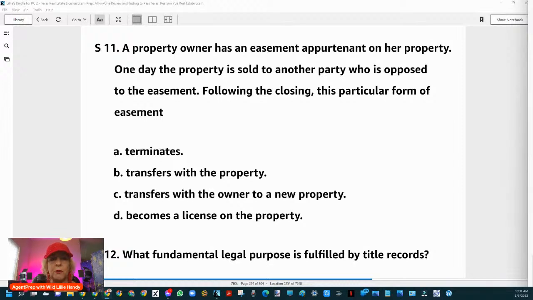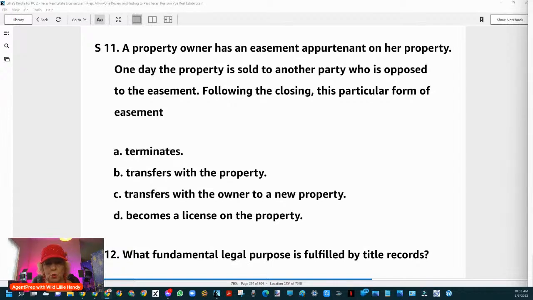So it says the property owner has an easement appurtenant. So what is appurtenant? We know what an easement is, a right of way. Appurtenant means it's attached to the property. It's part of the property. So when the property is sold, it goes with the property.